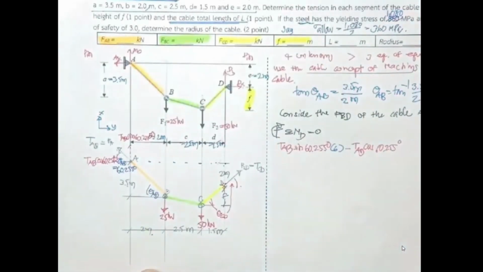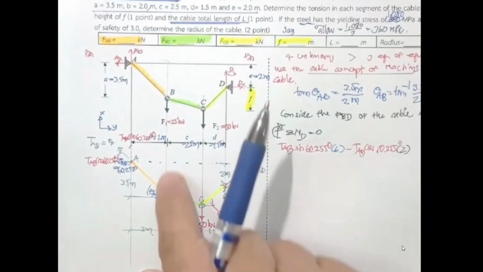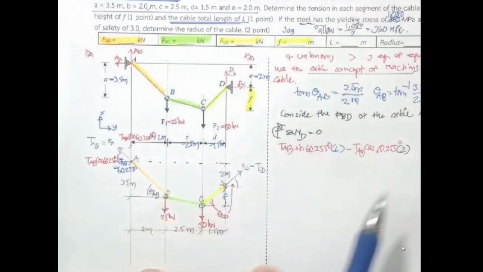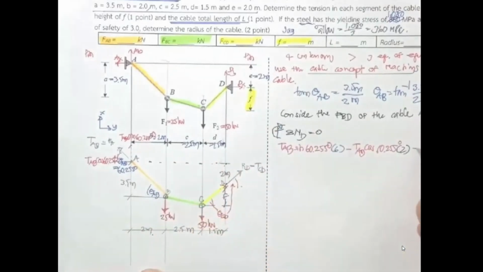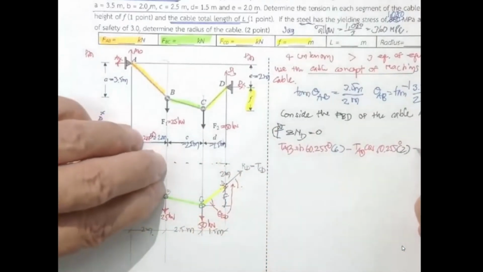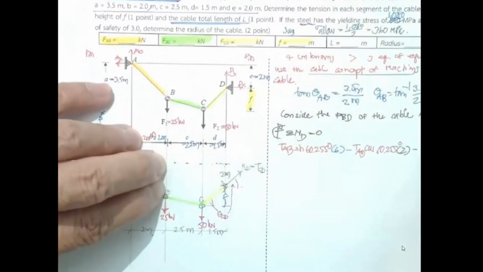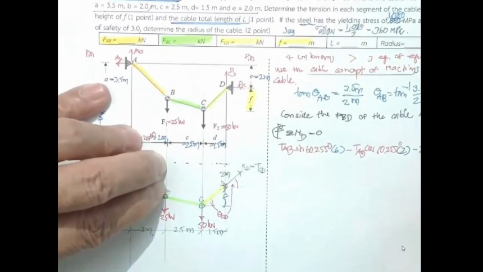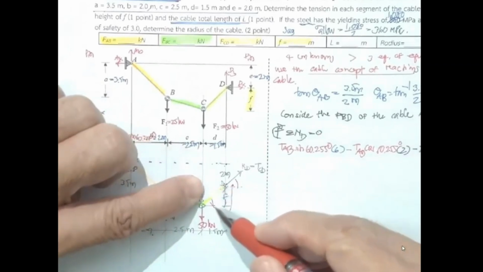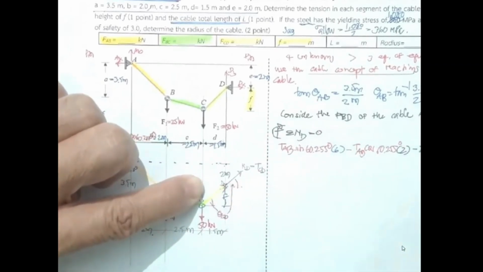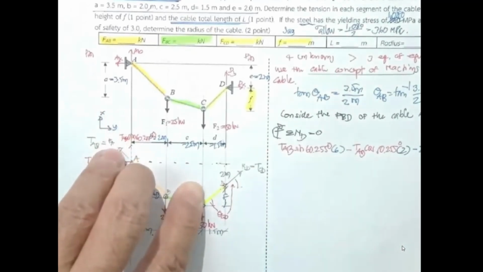So put this one as 2 meter. Okay, now 25 rotates counterclockwise, 50 rotates counterclockwise, minus 25 has the distance from here to here of 4, minus 25 times 4, and then 50 is 1.5, minus 50 times 1.5.